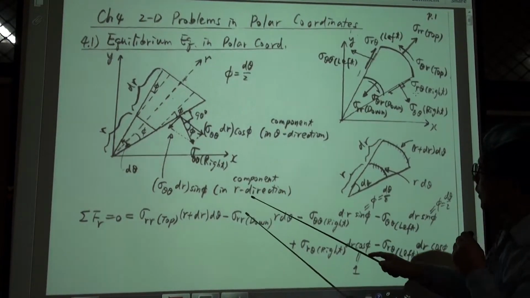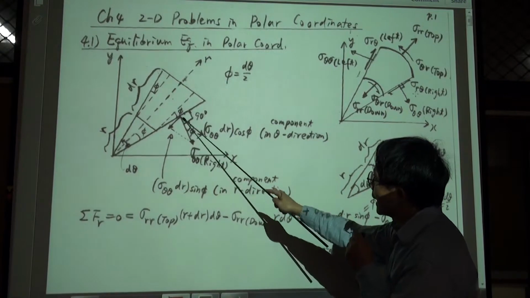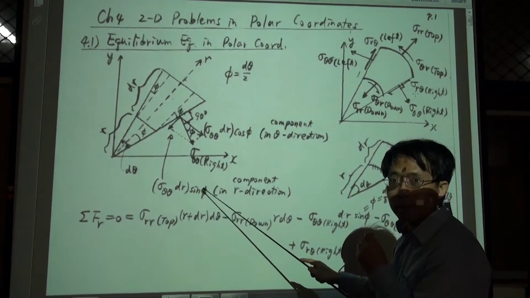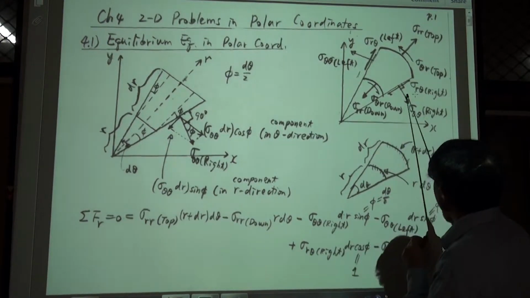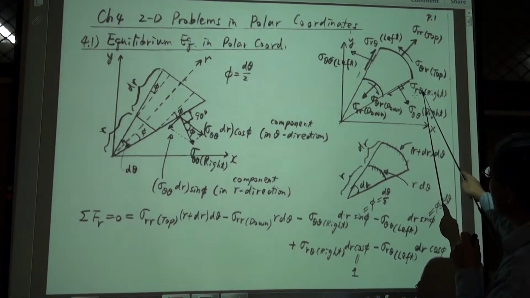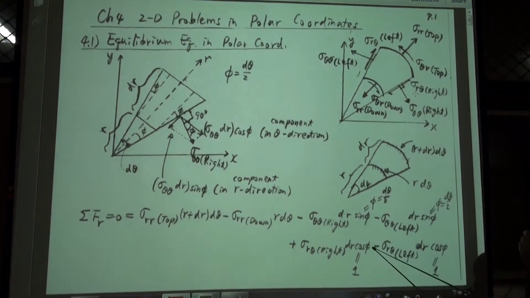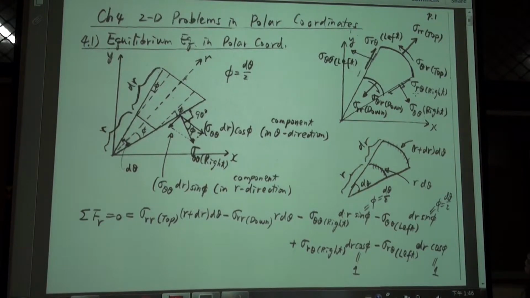So the component of sigma theta in the r direction is written by sigma theta multiplied by sine phi. So sigma r theta, if you consider the component in the r direction, you should multiply it by cosine phi. The reason is simple, okay?